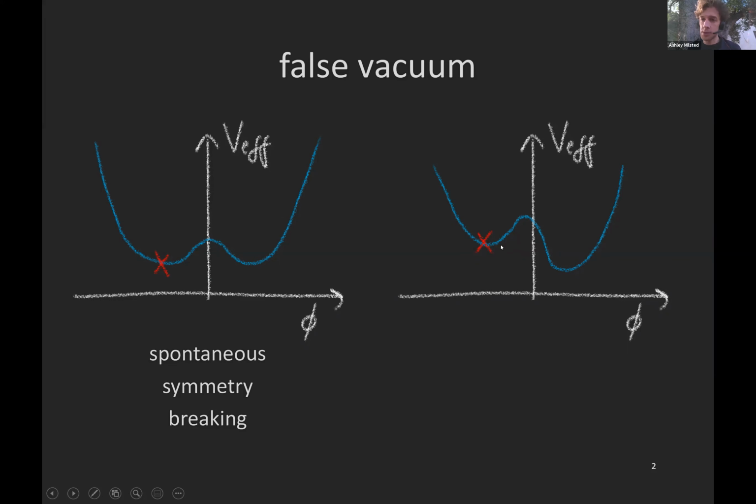For whatever physical reason, you might find that your system, say our universe, ends up in a false vacuum state. And if you're in a false vacuum state, then eventually you might expect some tunneling event to take you to the true vacuum.